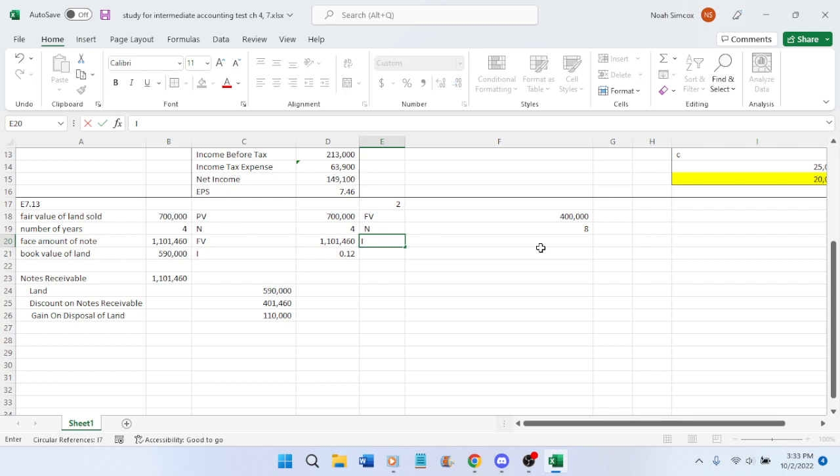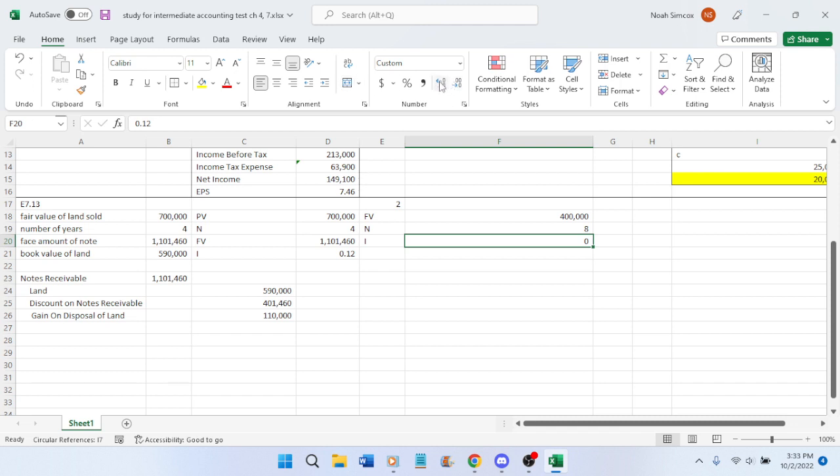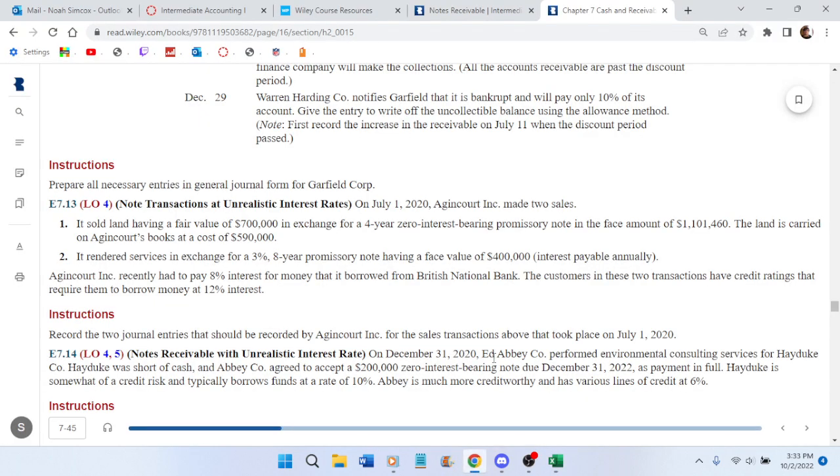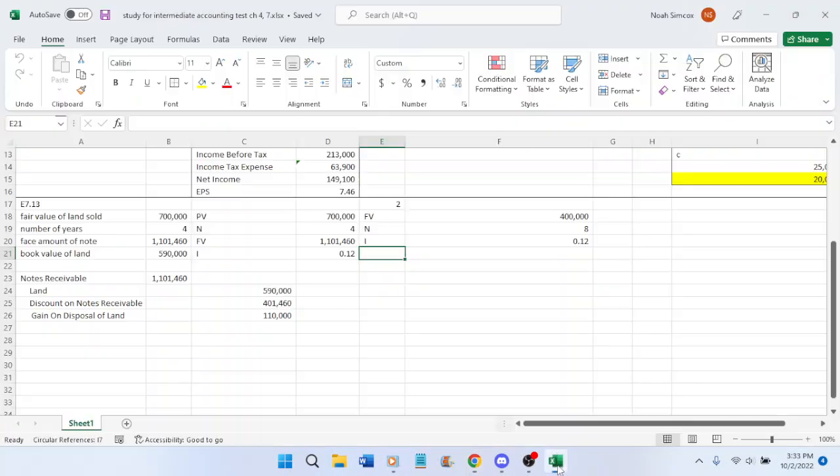Interest. And what's the other thing we know? We know future value of this, number of years this, interest rate this. Now what? What's the last thing I'm missing? Payments? Oh, come on. Wait, is that all I need?